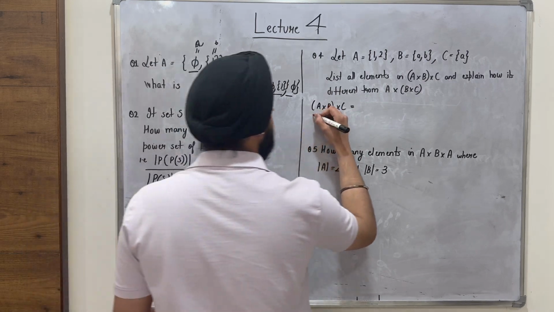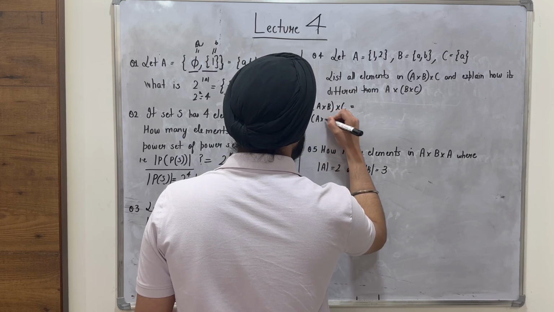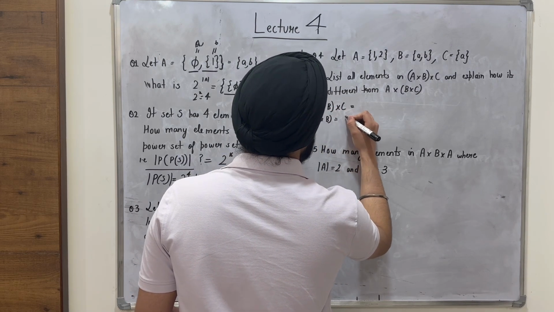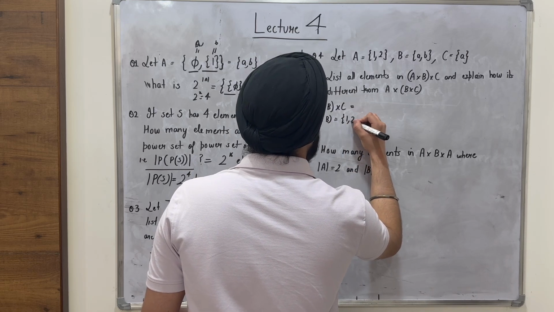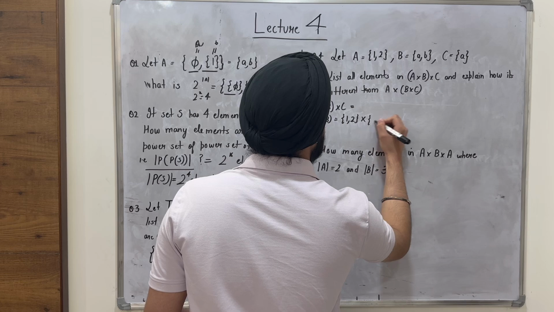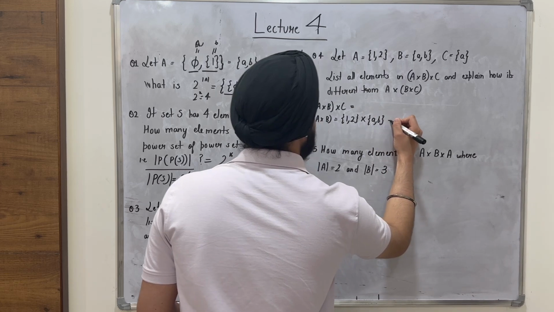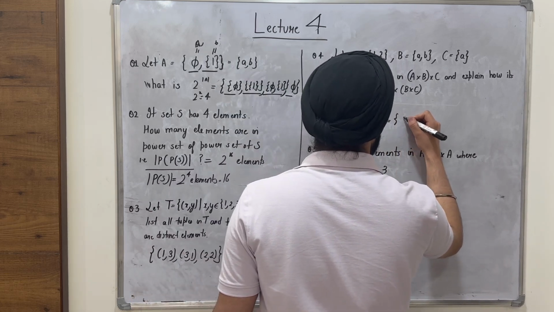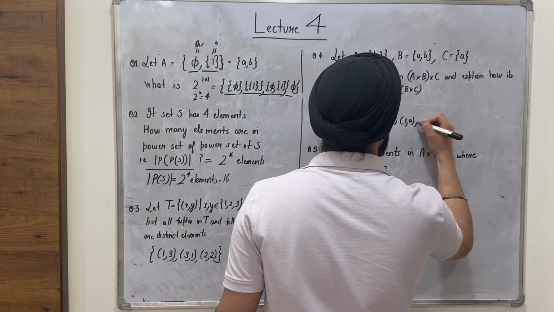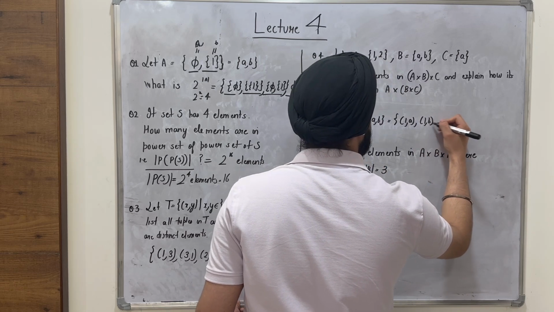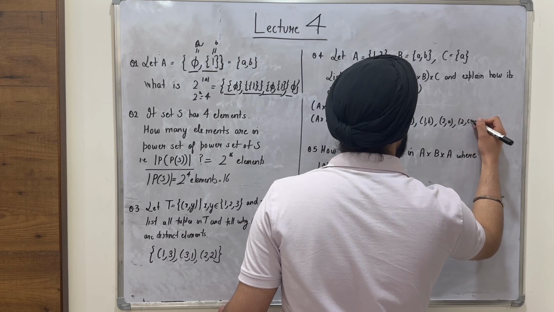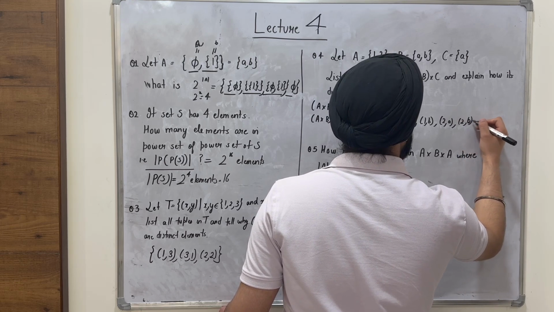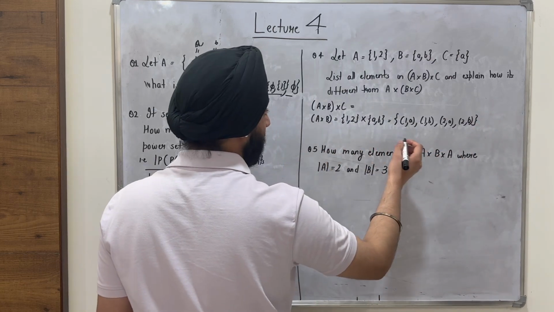So what first happens is I need to find A cross B, which is equal to {1, 2} multiplied by {a, b}. This results in the set {(1, a), (1, b), (2, a), (2, b)}. Right? This is what it results in.